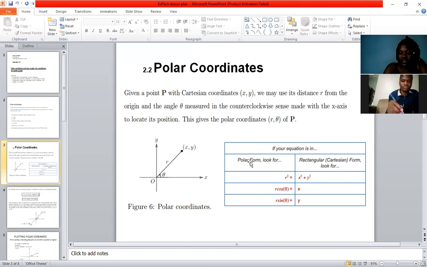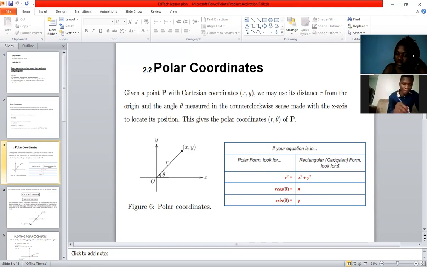As you're seeing from this table that I inserted here, if your equation is in the polar form and you are asked to look for the Cartesian, r squared is equal to x squared plus y squared, that is the Cartesian form.